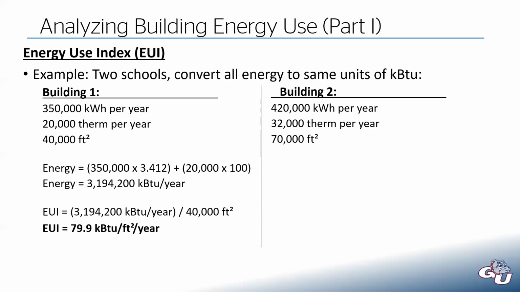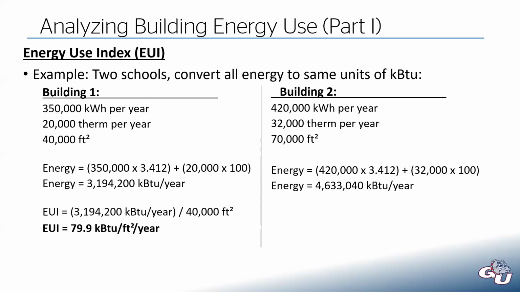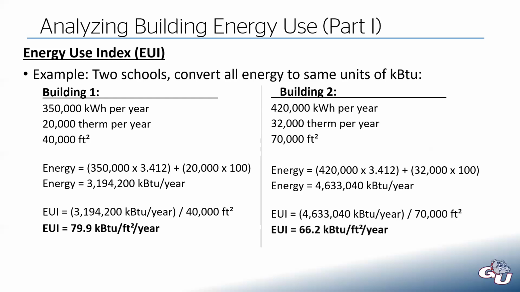So if we run through the same steps on the energy side, we can see it's using quite a bit more energy per year, but that is expected because it's a bigger building. And then if we look at the EUI by dividing by the building area, we get an EUI of 66.2.